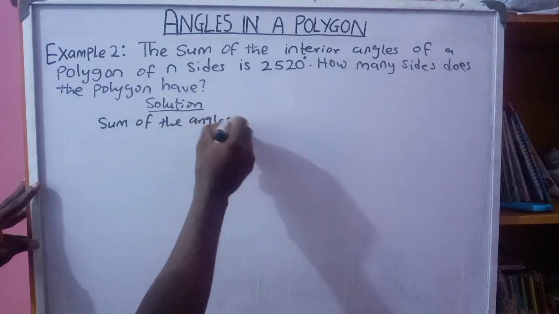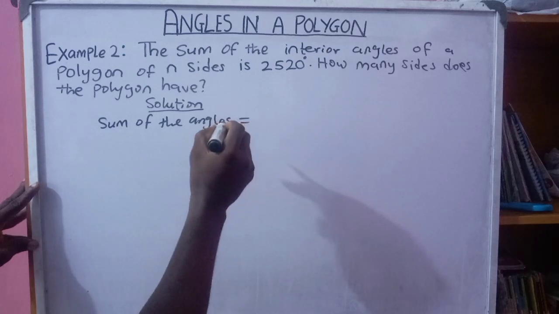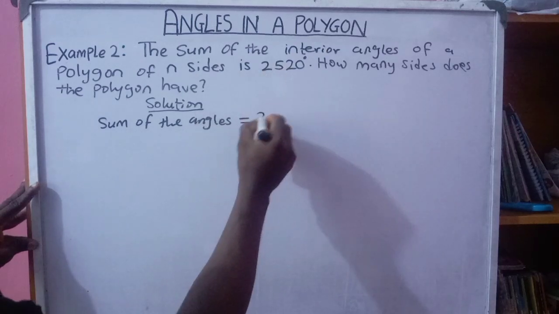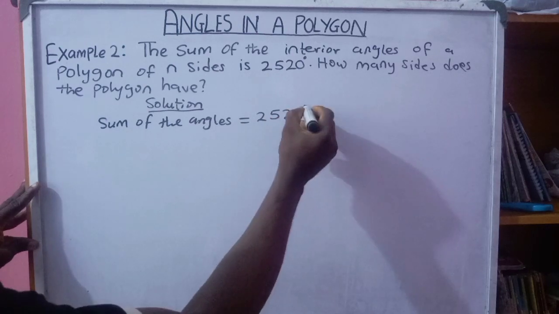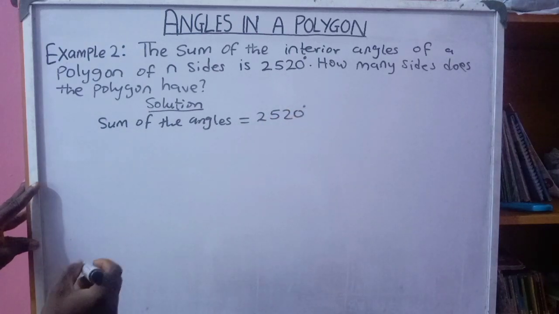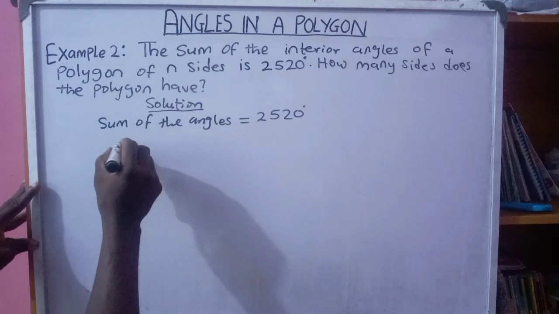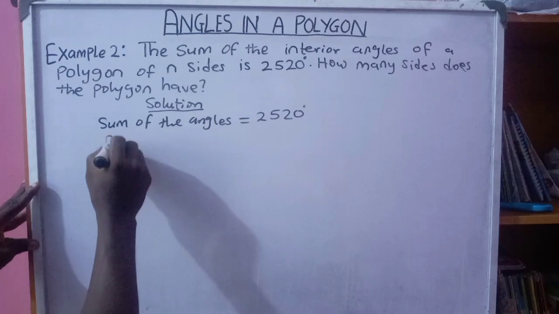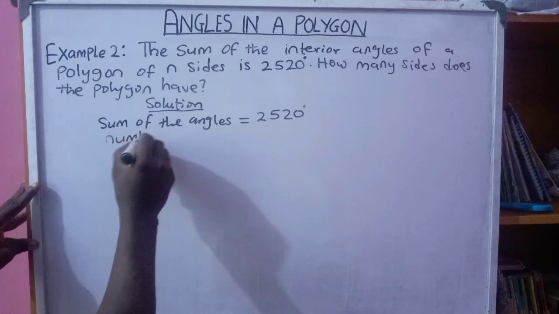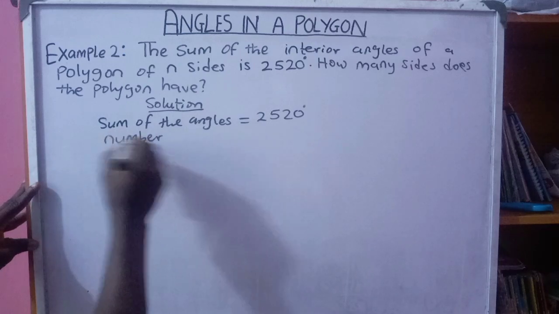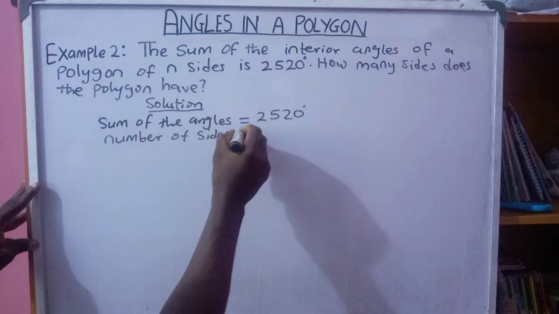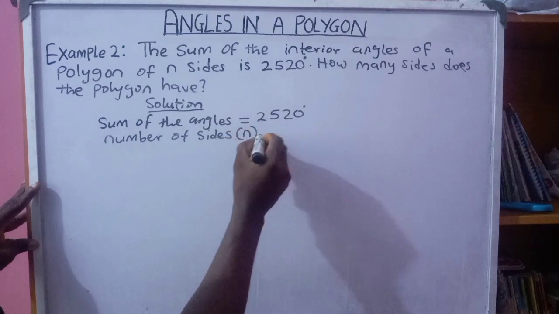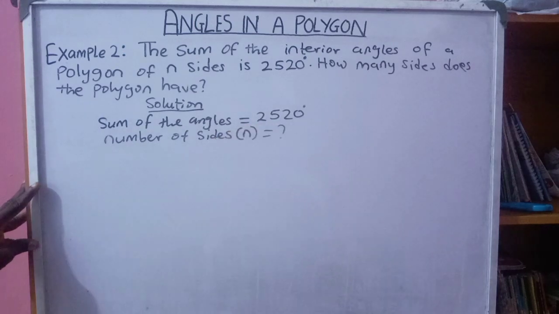Remember, it's interior angles. It's given as 2,520 degrees. Alright, so that's the major thing that is given, and they ask us to find the number of sides, represented by n. So we are looking for the number of sides.